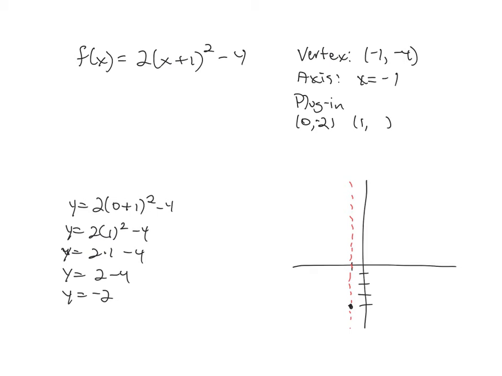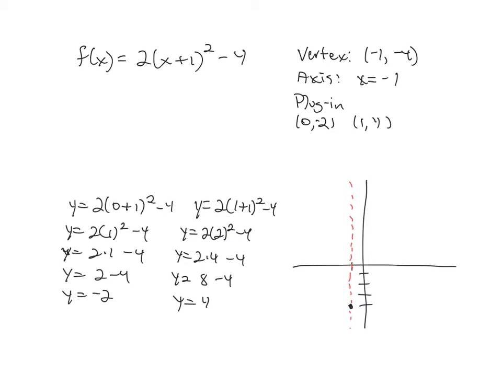Okay, so it takes a little bit longer on these ones, but you guys can do it. 1 plus 1 squared minus 4. 2 to the second power is 4 times 2 is 8. 8 minus 4 is 4. So 0, -2 goes right there. 1, 4 goes up there. And then remember, we get to flip them over.